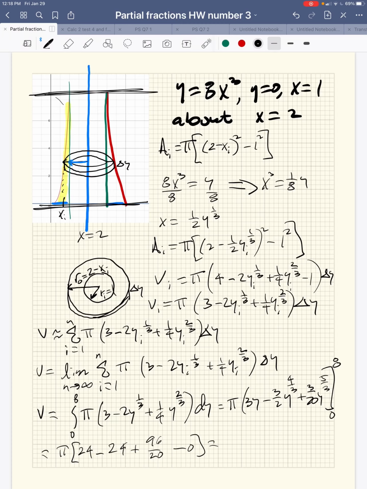And 96 over 20 would reduce to 24/5, and then that would be multiplied by pi. So that would be the volume of that solid.